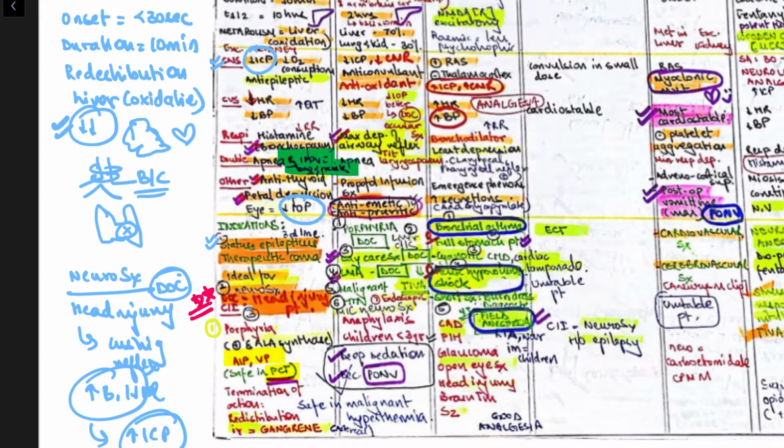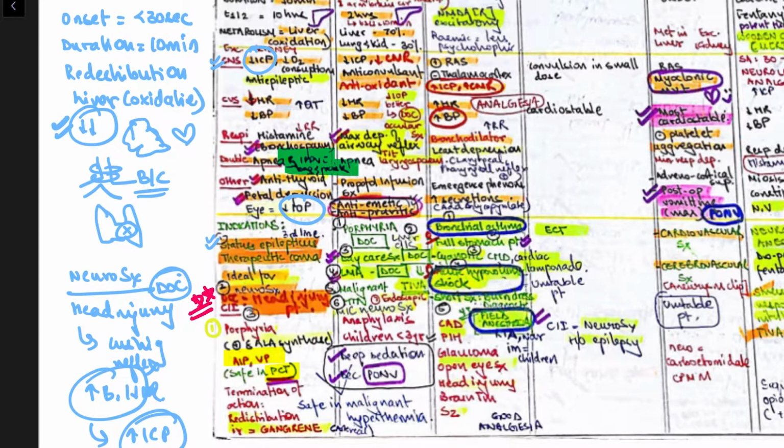Let us see if we can remember this. So we are doing thiopentone. Contraindicated in AIP, acute intermittent porphyria, and variegate porphyria, and safe in PCT. Okay, so porphyria cutanea tarda, PCT, contains T, and this is also T. So T in T, we can give it.